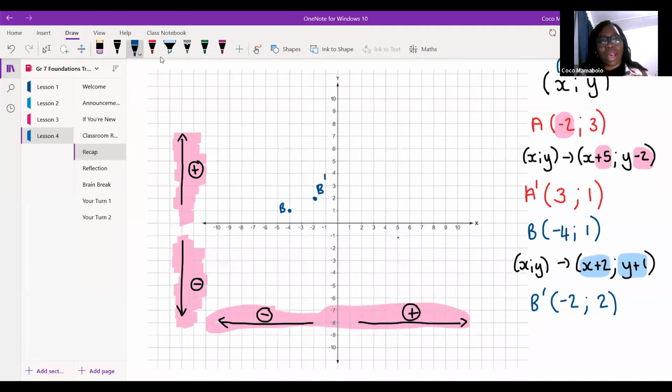Okay. Thumbs up, thumbs down. How are we feeling about using the rule to find the translation? Excellent. Well done. Keisha's still a little confused. Keisha, can I ask you to raise your hand for me, please?